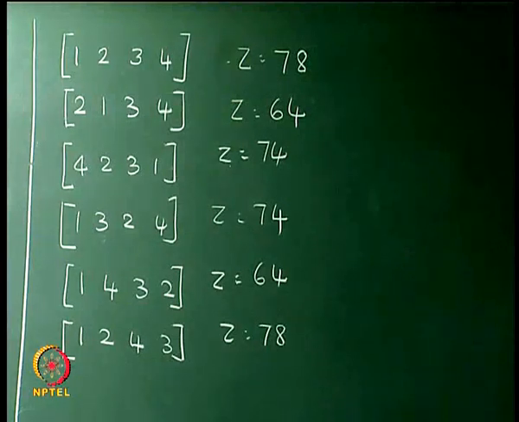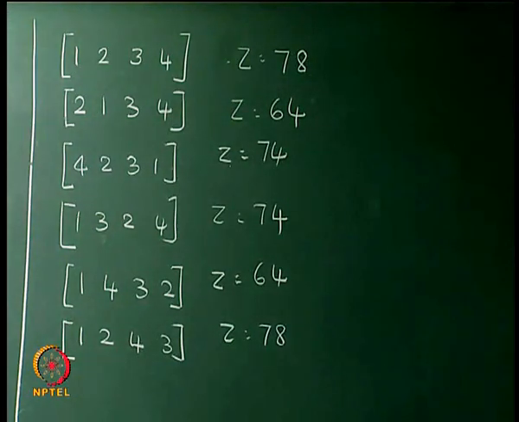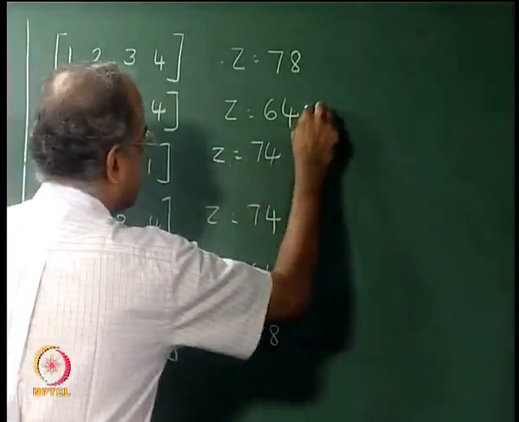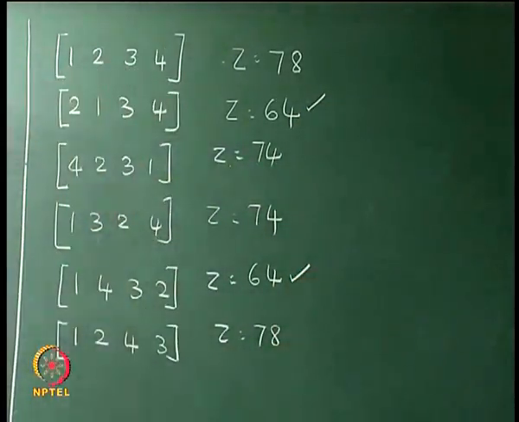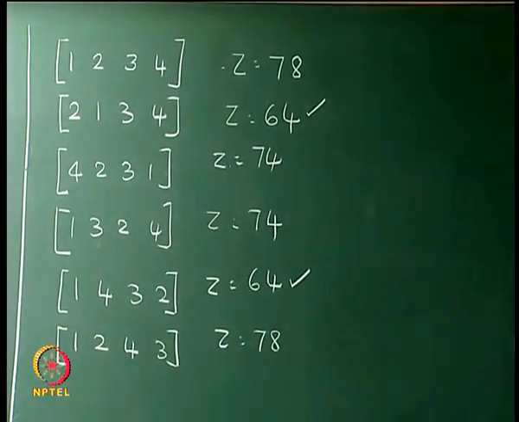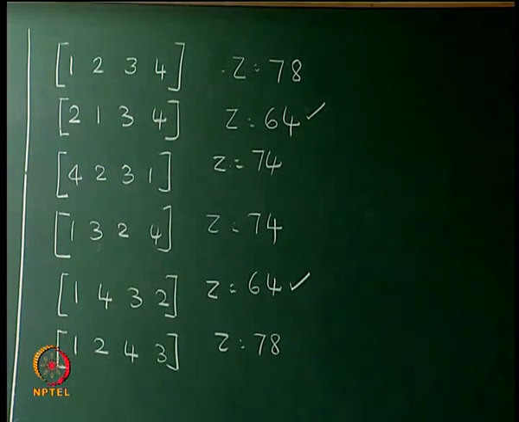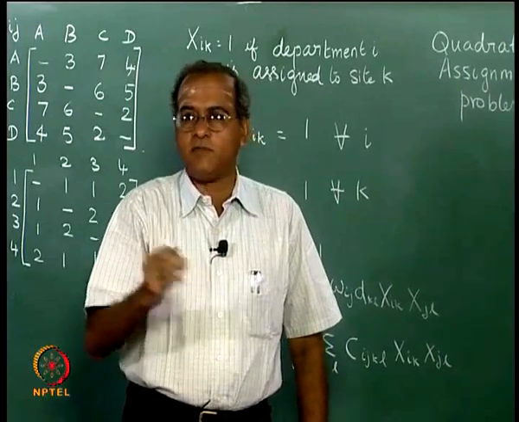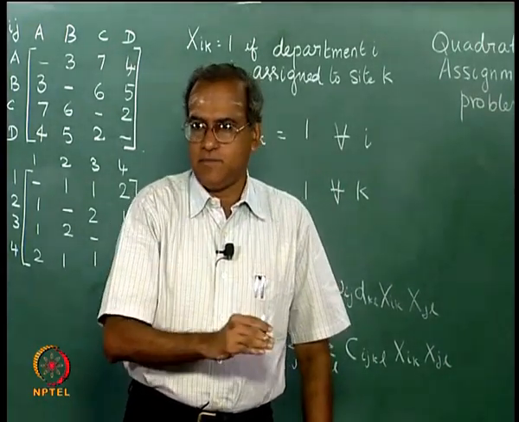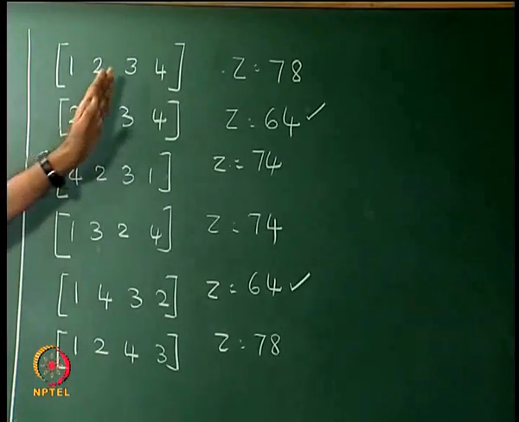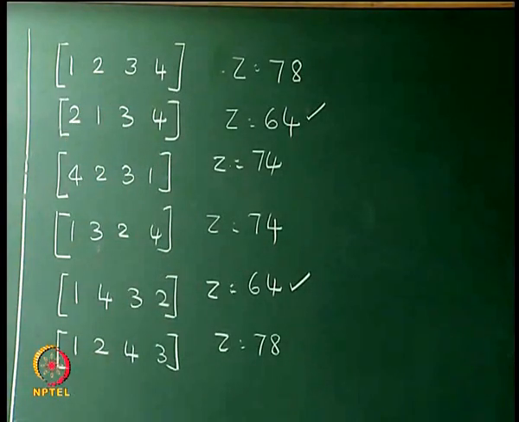So, we could do a lot of possible exchanges to get better and better solutions, and after a series of exchanges we realize that we could either pick this solution or this solution as the one which has minimum value of the objective function, and the algorithm can terminate with the best minimum possible value that it can give. At the moment here, if we have done only this, we know that we have a solution with 64, but we do not know that it is the optimum solution.